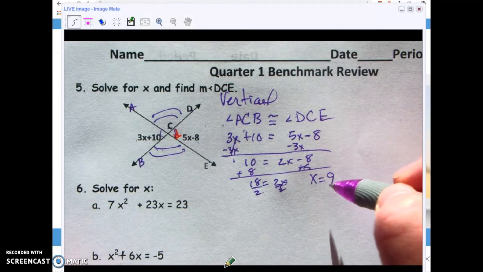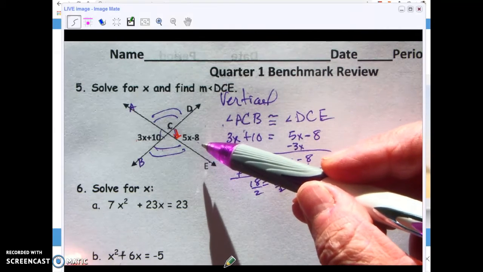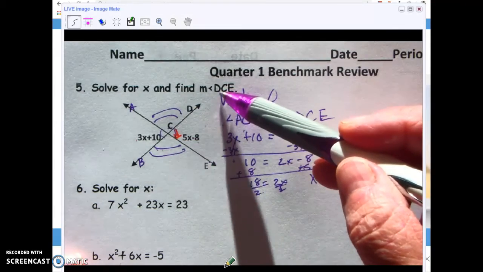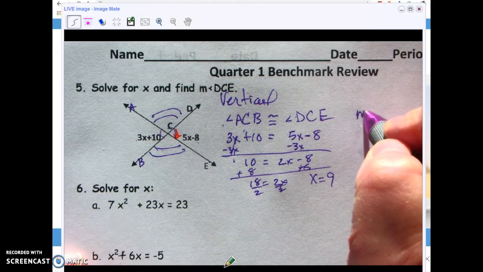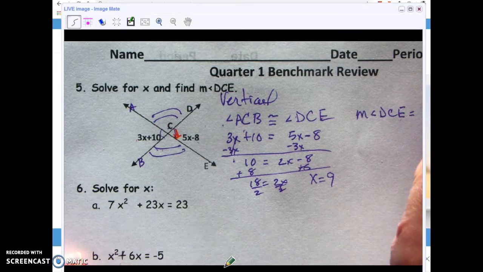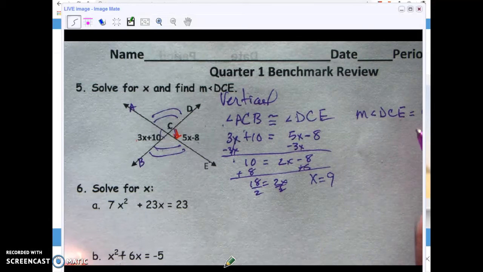Now, x equals 9, that tells us x, but it doesn't tell us the measure of this angle, DCE, that we have to find. So, since the measure of angle DCE equals 5x minus 8, I am going to take my value for x and plug it in.